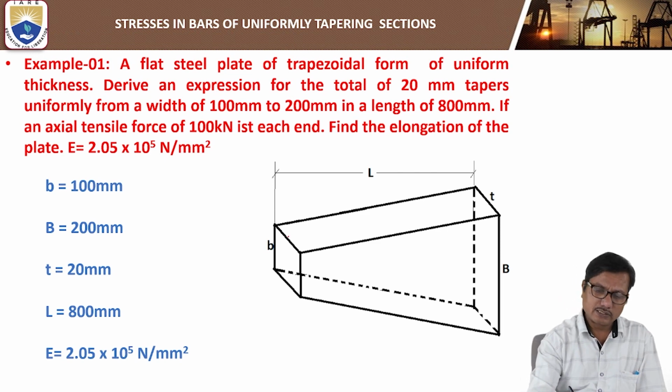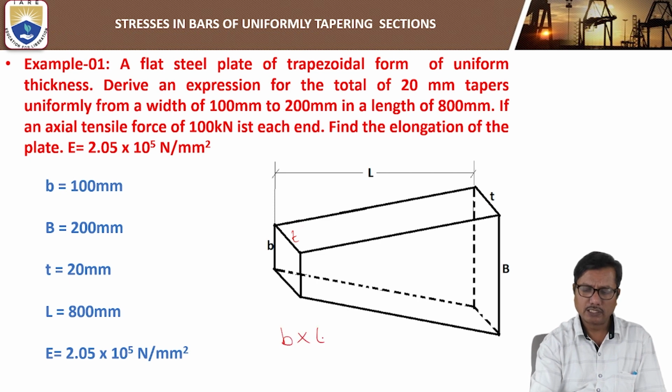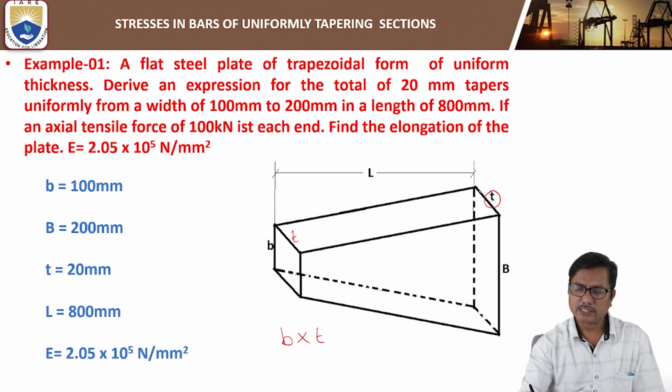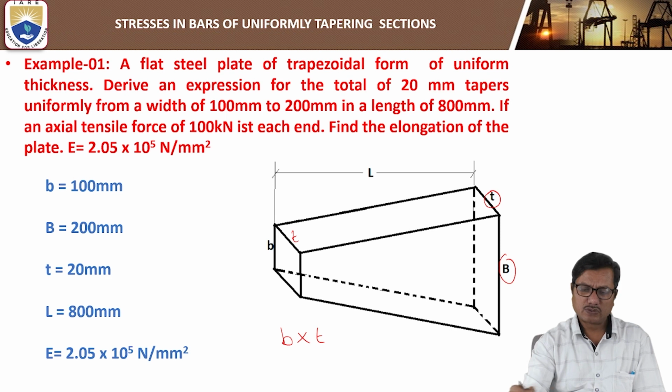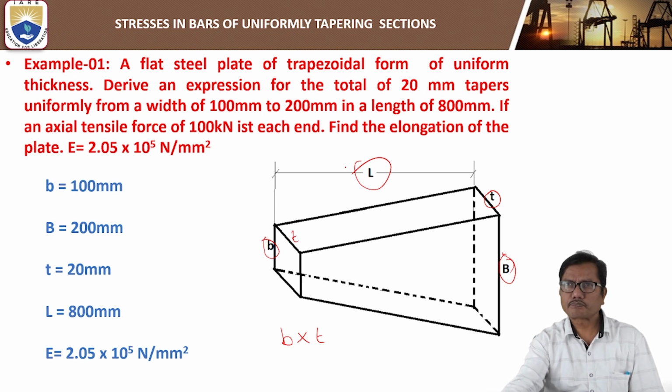At one end, the dimensions are b and t. t is the thickness, b is the width or depth, you can say. At the other end, thickness is t, the same, but the depth or width is capital B. So the width changes from small b to capital B in a length of L.